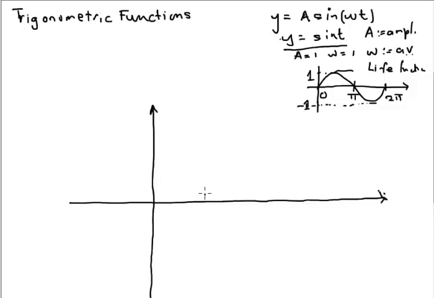And just choose an arbitrary scale and say this is pi, and there 2 pi, and there 3 pi, and then there 4 pi. And this we're going to call t, to replace our independent variable x. And this is going to be our function y, the values there. Let's mark there and say this is 1. And then this is -1.